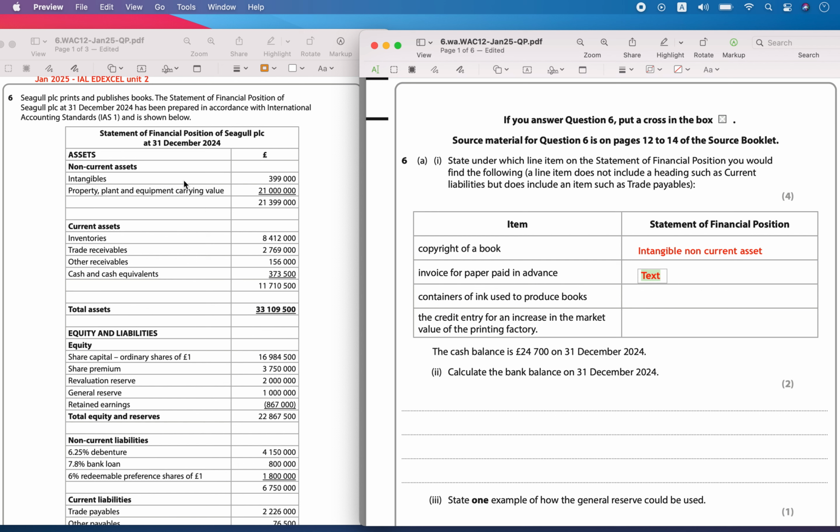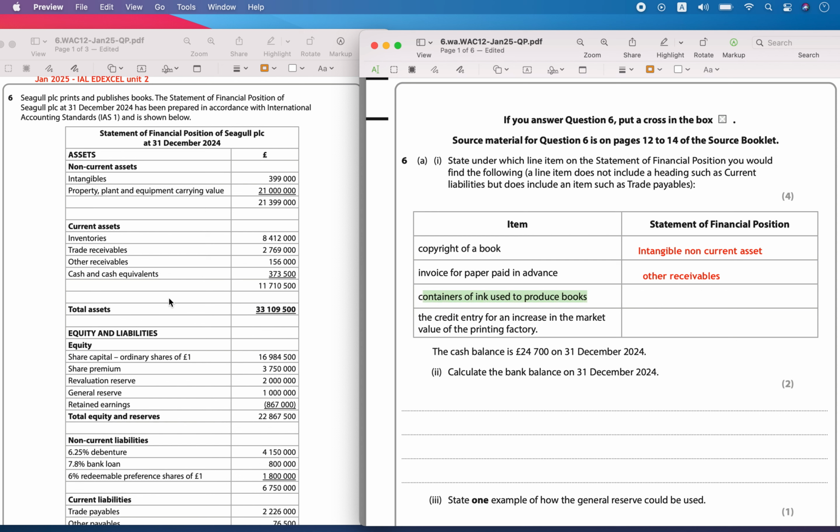I will have to buy books, papers, and other things, ink. All of these are going to be bought by the business. So these are the expenses. So the prepaid expense paid in advance becomes other receivables in the statement of financial position.